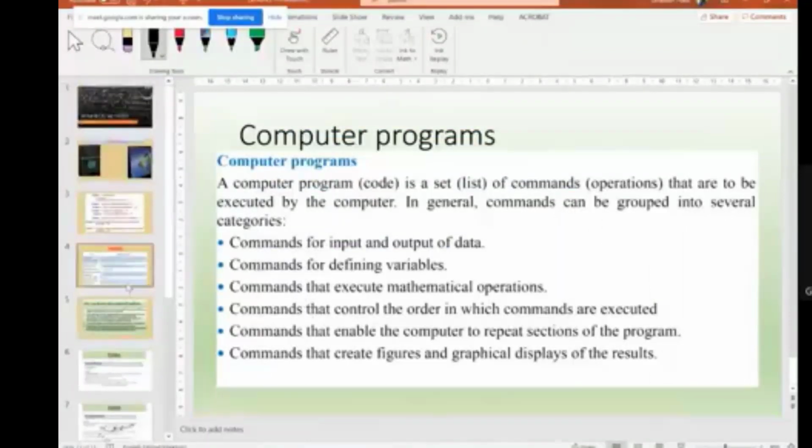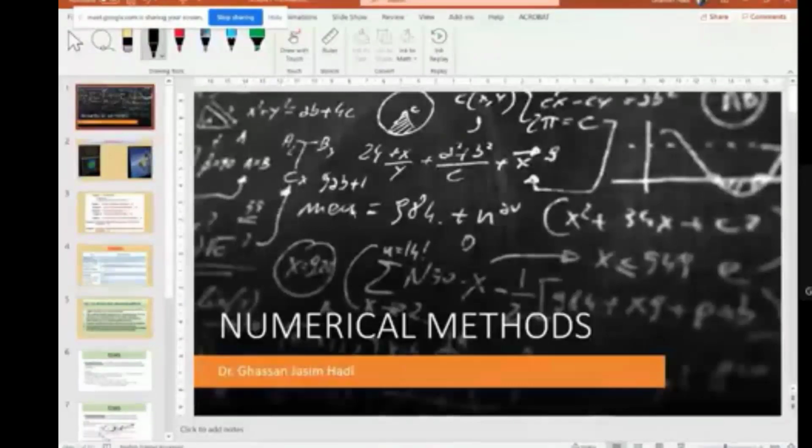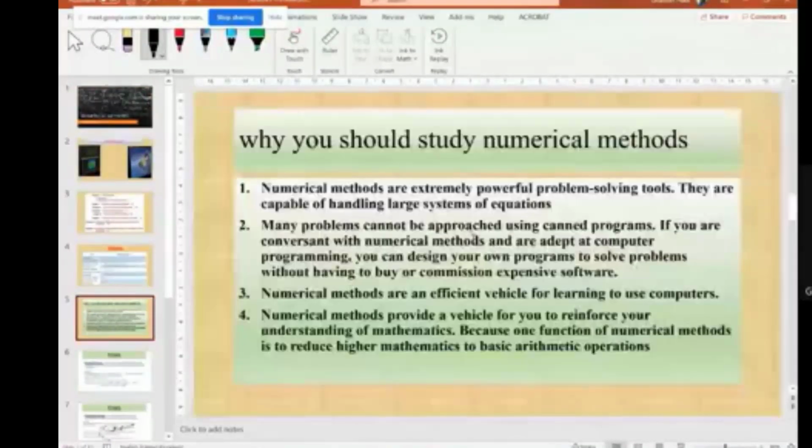Okay, now this was the introduction to numerical methods, the importance of numerical methods, and why we use numerical methods.